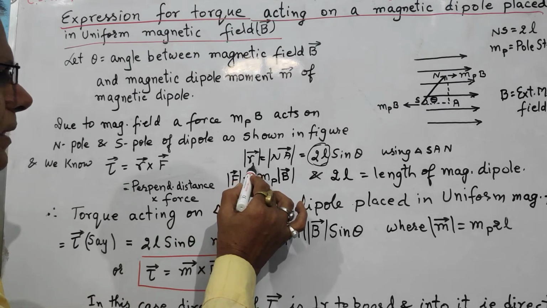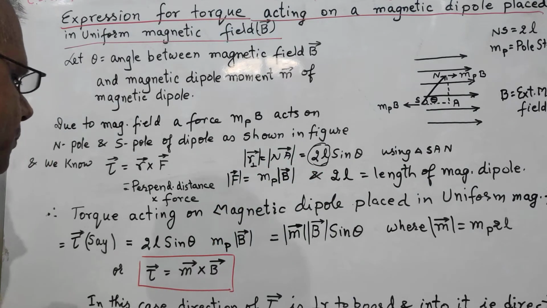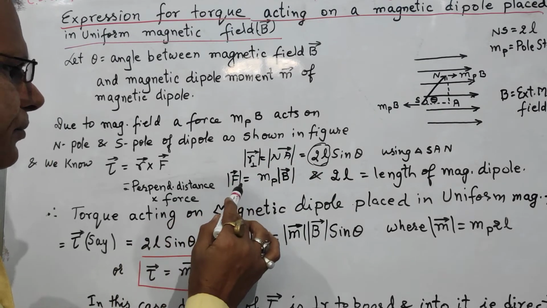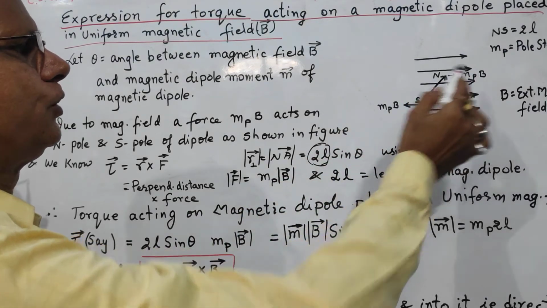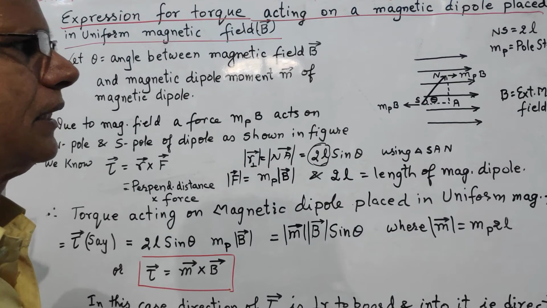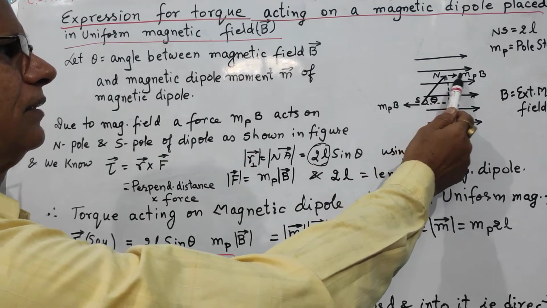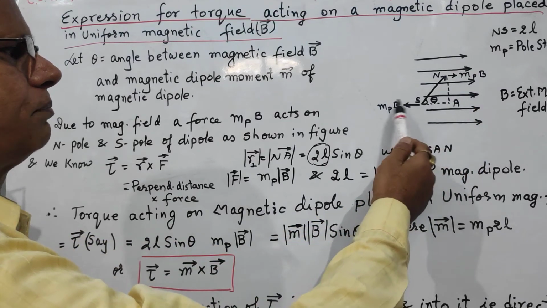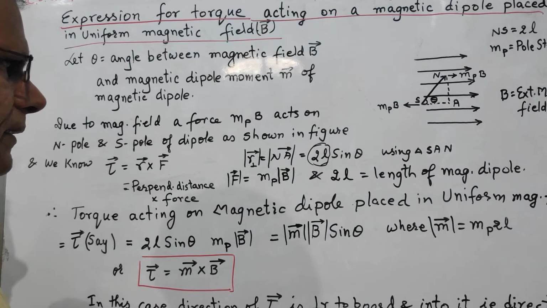In fact, it is the perpendicular distance between the two anti-parallel forces, and the individual force acting on the poles is MP into B, where MP is the pole strength and B is the magnetic field. But the directions of these forces are opposite in the two cases.